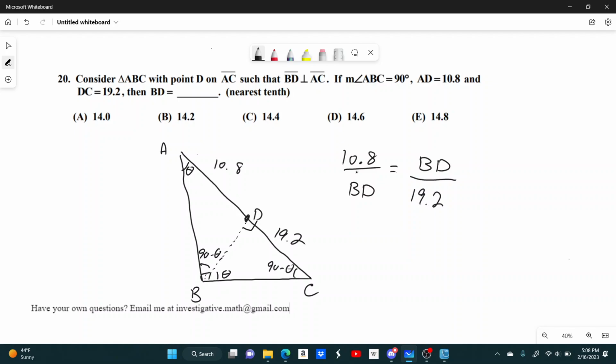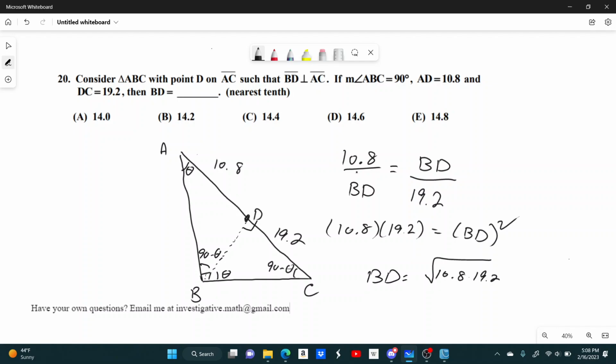So solving this proportion, we can cross multiply. So 10.8 times 19.2 gives us BD squared. And so BD is just the square root of 10.8 times 19.2. And some people will memorize this theorem. We were able to figure it out using similar triangles, but this is just a theorem that's going to hold true all the time.